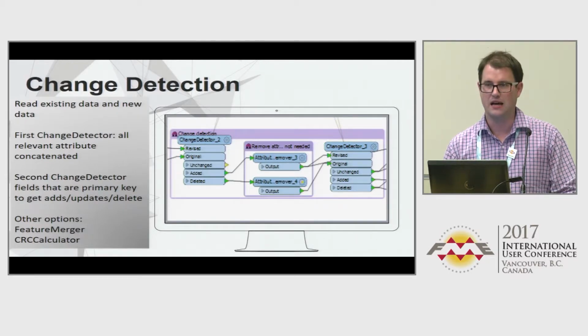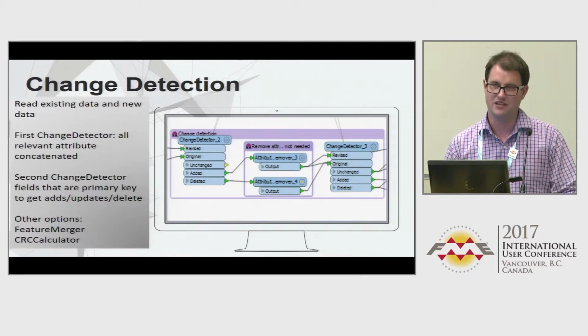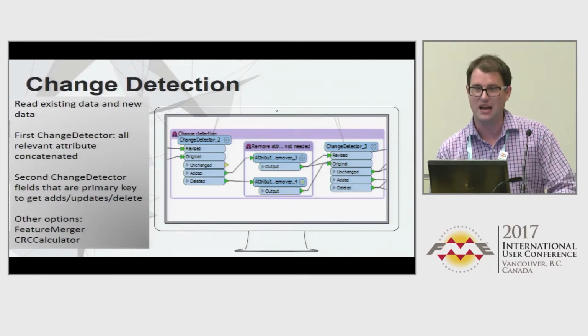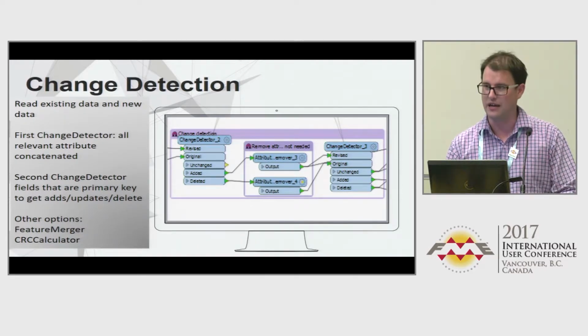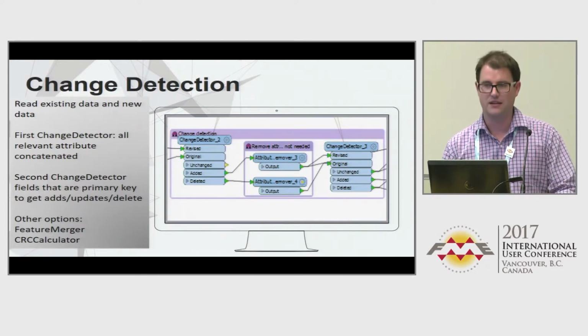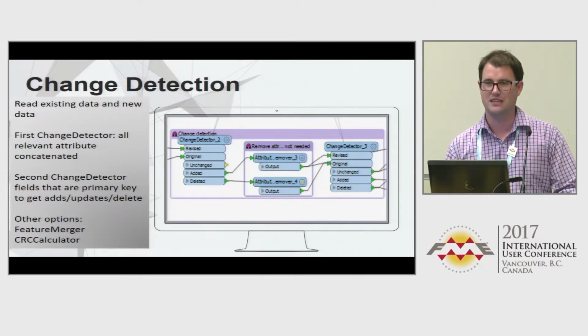This is probably where change detection could be a bit better, and you can use other options such as the feature merger and CRC calculator. But what we ended up doing was concatenating a whole bunch of information with certain separators and then running that across the data.